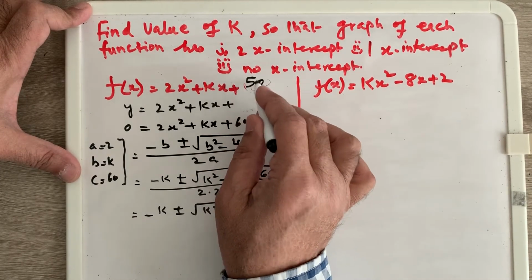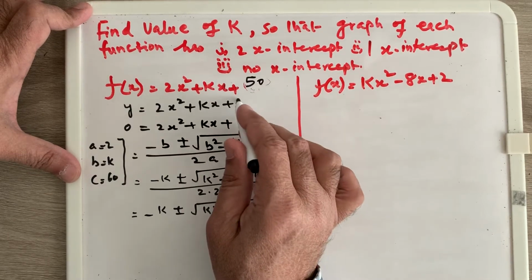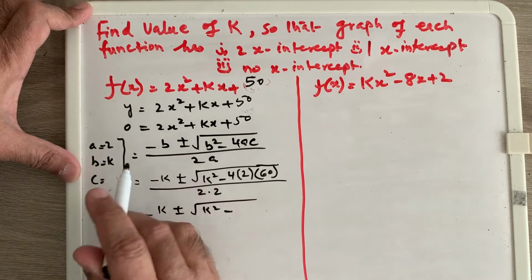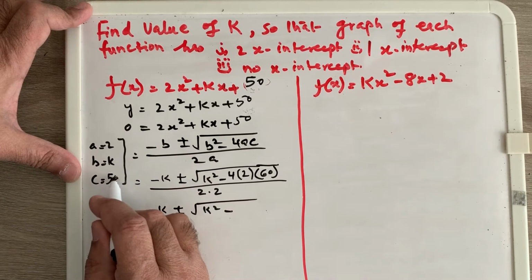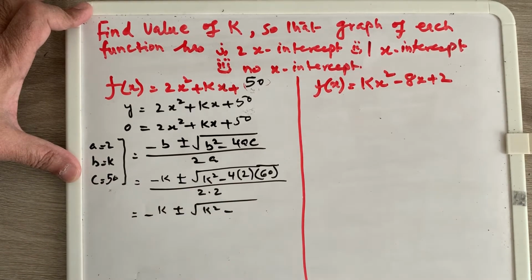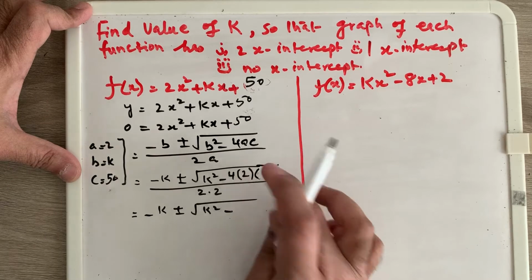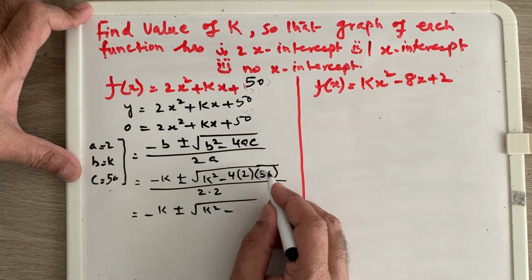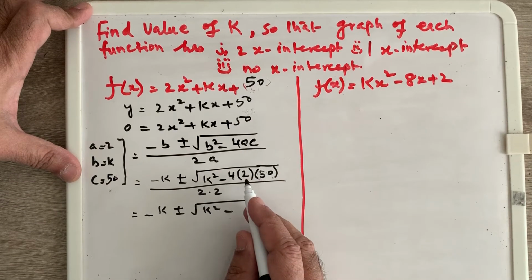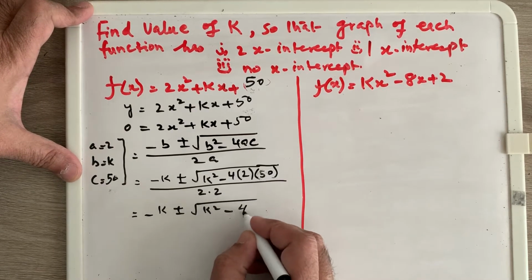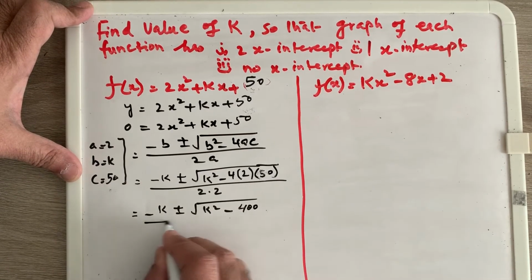We can solve it with 60 only, but for the sake of completing the square, let's take c is equal to 50. So I will put the value of c as 50. So 4 times 2 is 8, 8 times 50 is 400.